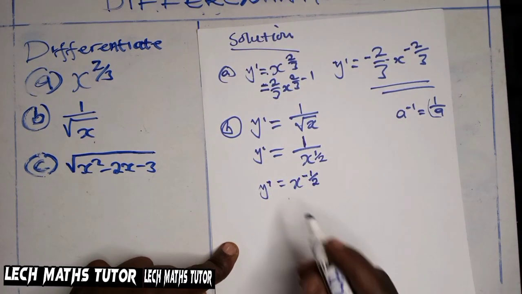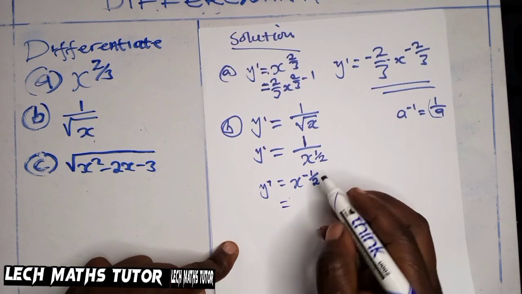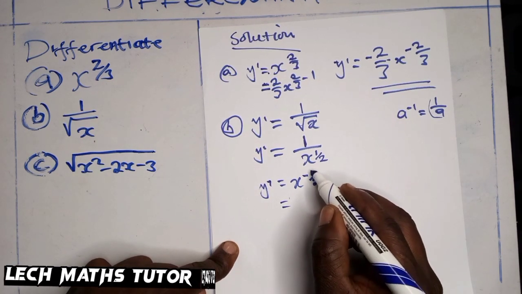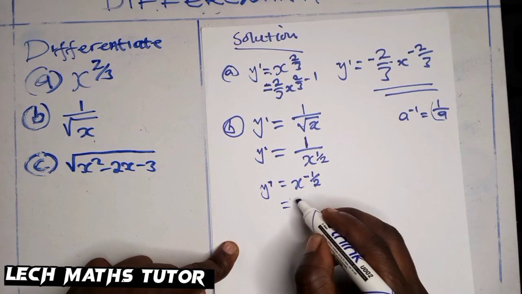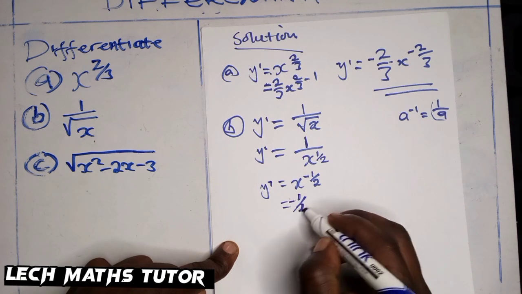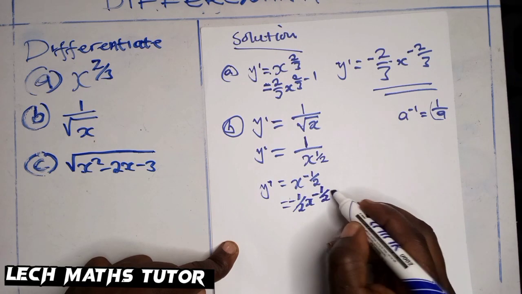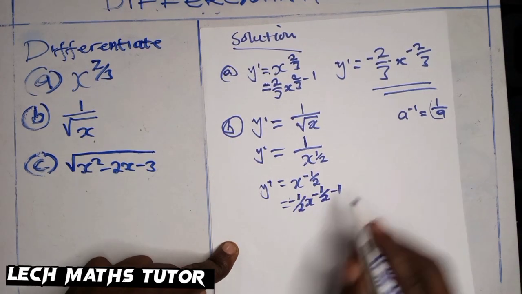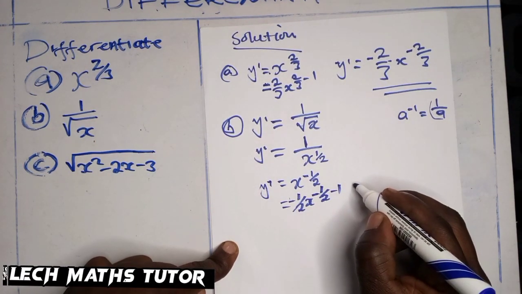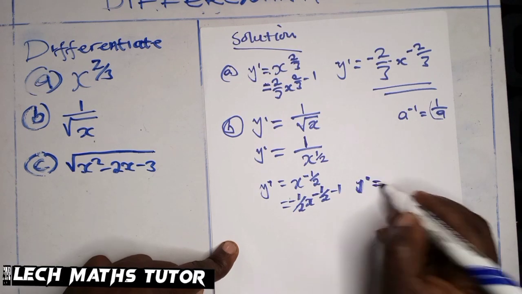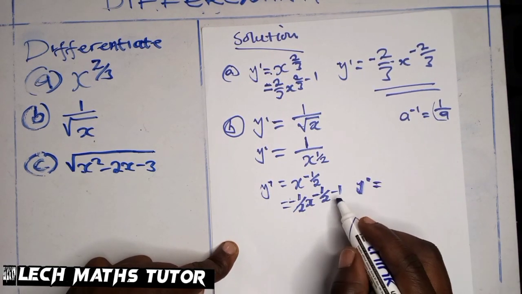So let's differentiate now. By differentiating, we are multiplying minus half by 1. We are going to have minus half x power minus half minus 1, in which it will be y prime equals minus half minus 1.